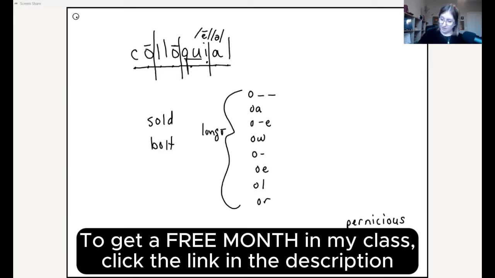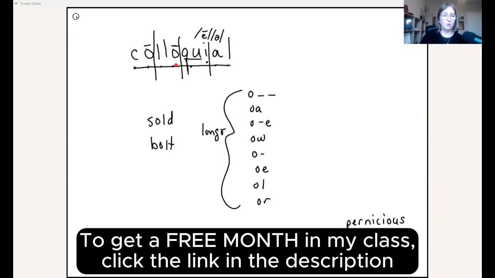So our sounds are k, o, ul, o, qu, e, ul. Ko, and then this syllable is lo.